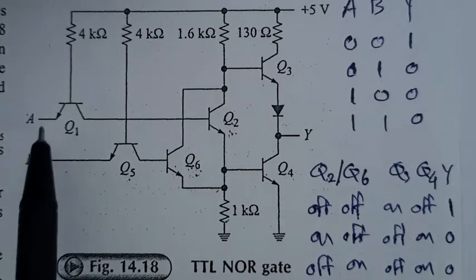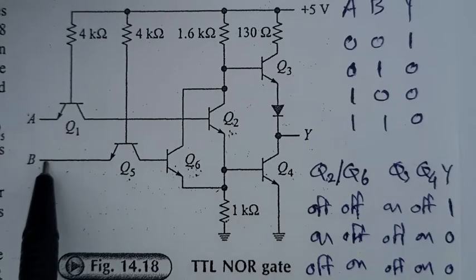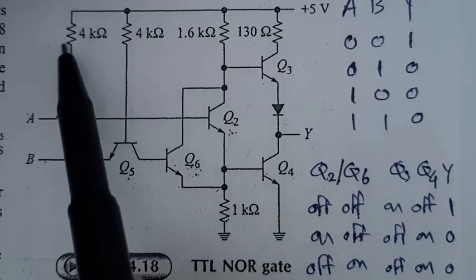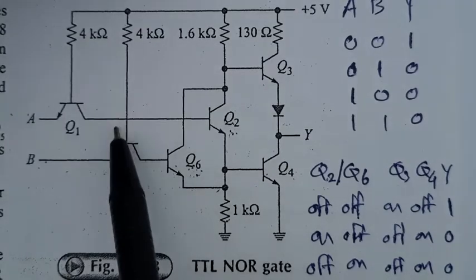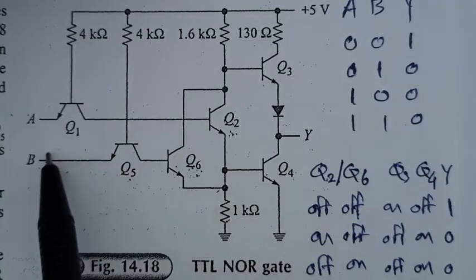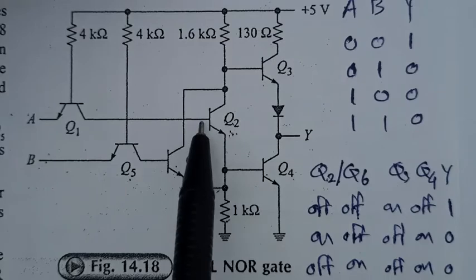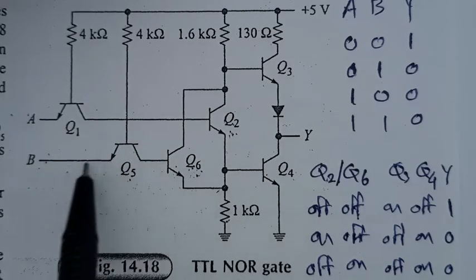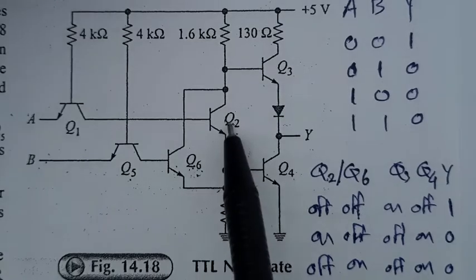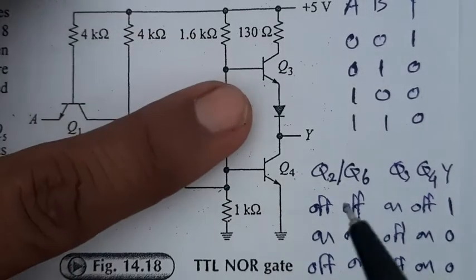But when both of them are low, what will happen? The base current for Q1 will flow towards the emitter, and the base current for Q5 will flow towards the emitter. That will pull down the base of Q2 to ground and the base of Q6 to ground, and both Q2 and Q6 are off. Correct?